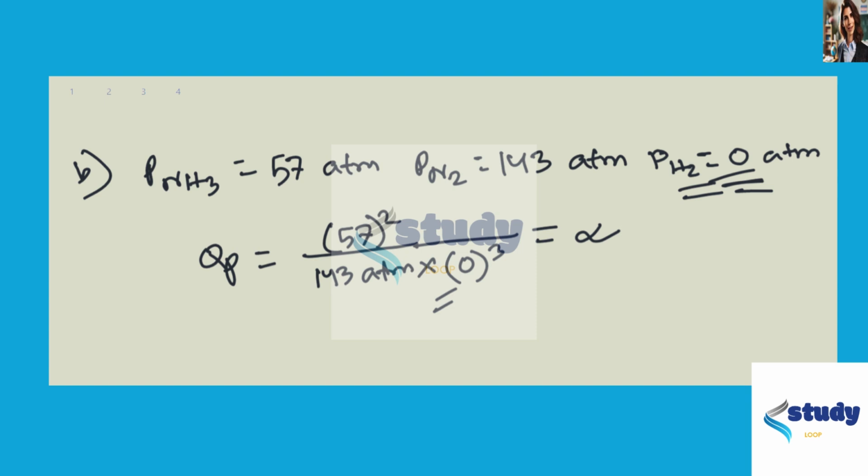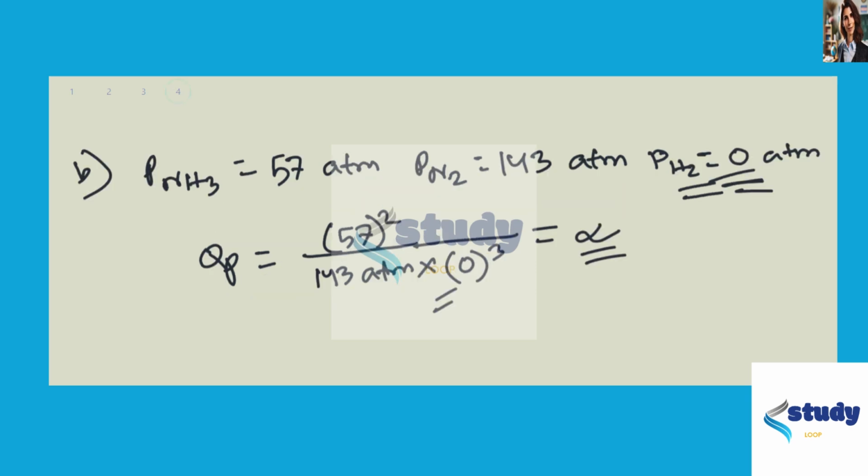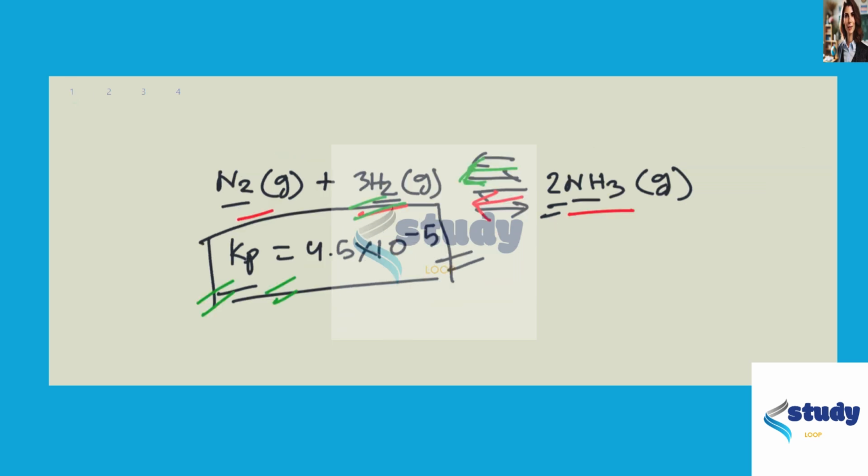To reach equilibrium, note that infinity is obviously greater than the Kp value given here. That means we need to decrease the amount of the product and increase the partial pressure of the reactants, and we can do that by forming some nitrogen and hydrogen by decomposing some of the ammonia.